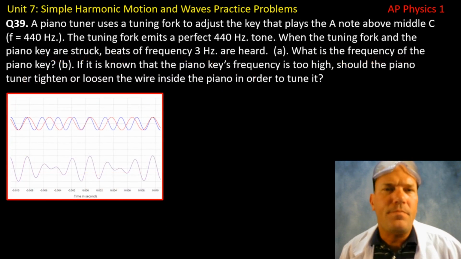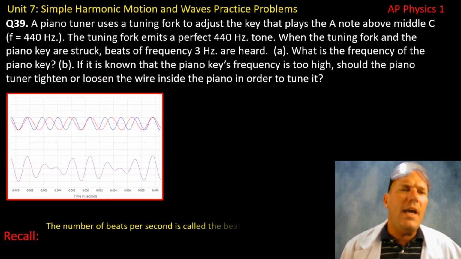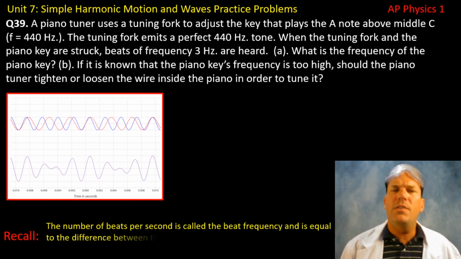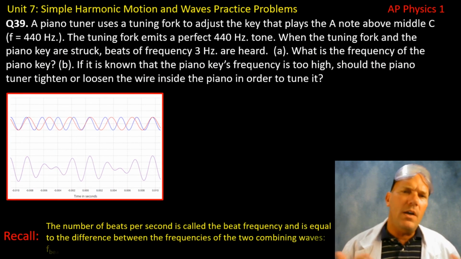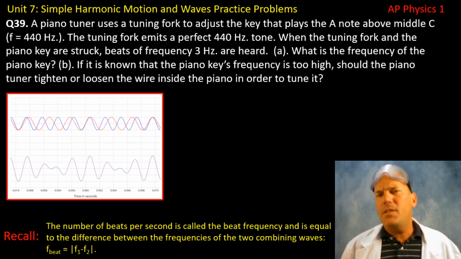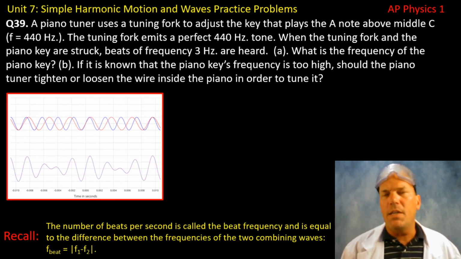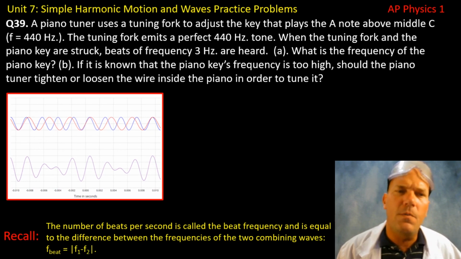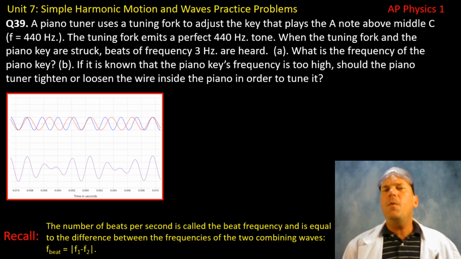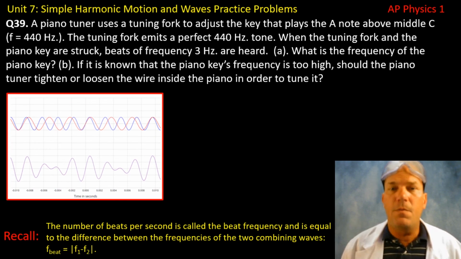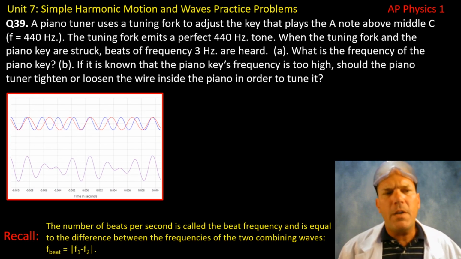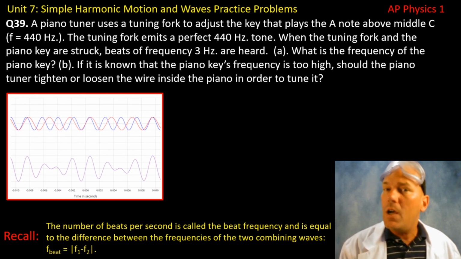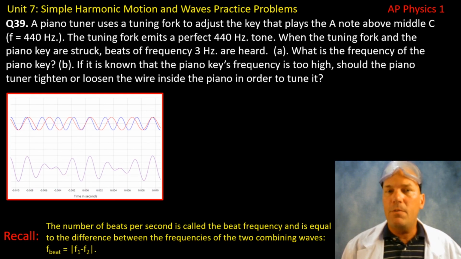Let's move on. In question 39, a piano tuner is using a tuning fork to adjust the key that plays the A note above middle C. The frequency is 440 hertz. The tuning fork emits a perfect 440 hertz. However, when the tuning fork and the piano key are both struck, beats of a frequency of 3 hertz are heard.